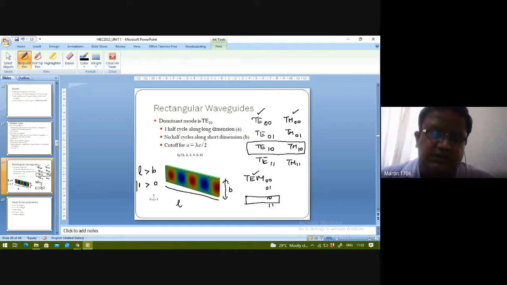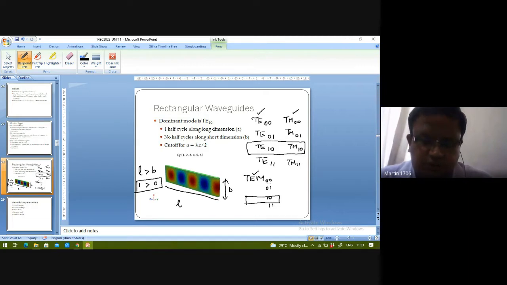So 0 is equal to 0, 0 is less than 1, 1 is greater than 0, 1 is equal to 1. Only in this case it will be satisfied for a rectangular waveguide.